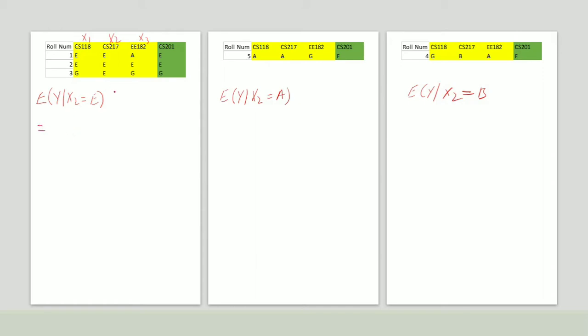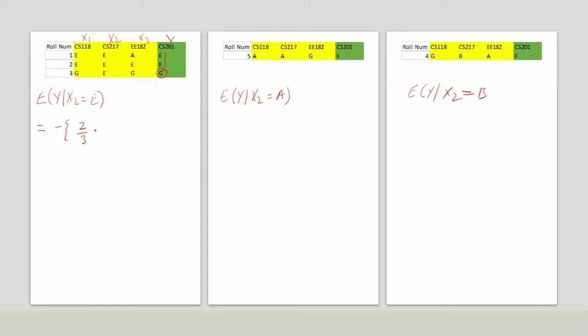So for this partition, this subset, we have two E's and one G in the column, that is CS201, or I call it column Y. To calculate the entropy, I would see the probability of excellent, that is 2 out of 3, right?